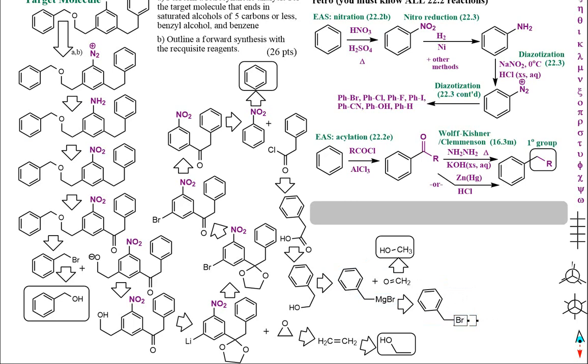And we've already accounted for benzyl bromide previously. But, you know, we got a little room over here. Let's use it. And we got a circle on benzyl alcohol one more time. And I will put all the forward synthetic reagents on here, and we'll just zoom through that at the end.